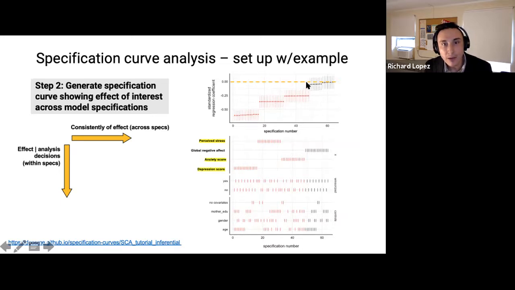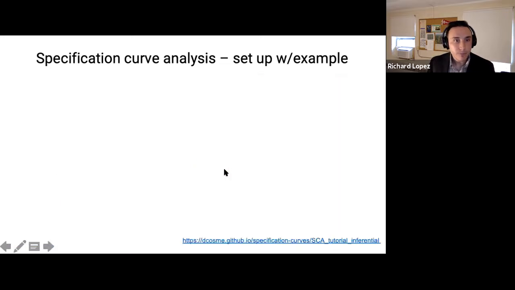In fact, in all of these model specifications, the confidence intervals cross zero, and overall, the effect is essentially null. So here we could see that perceived stress, anxiety, and depression are significant negative predictors of life satisfaction, and this is across the modeling space, where you can make that inference.